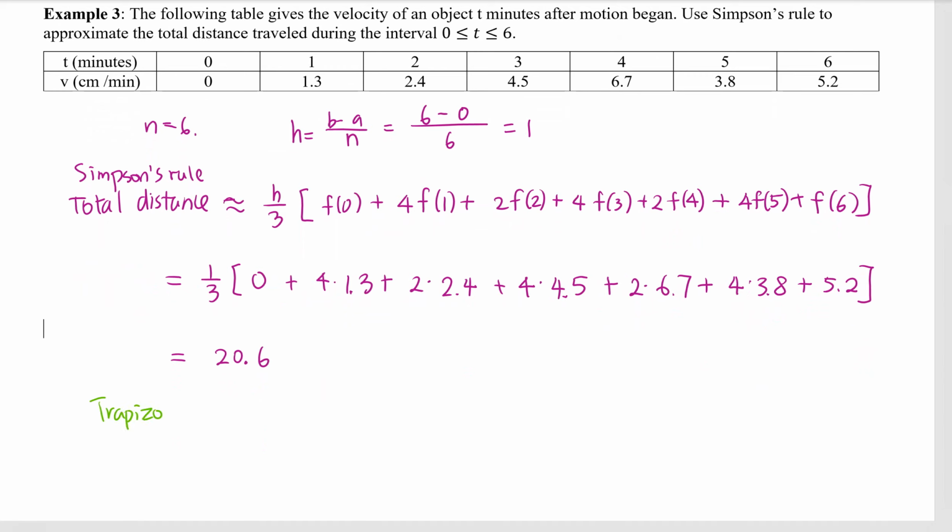So trapezoid rule: the total distance is approximately h over 2. Then we have f of 0, the last one f of 6, but all the middle ones are 2 copies.